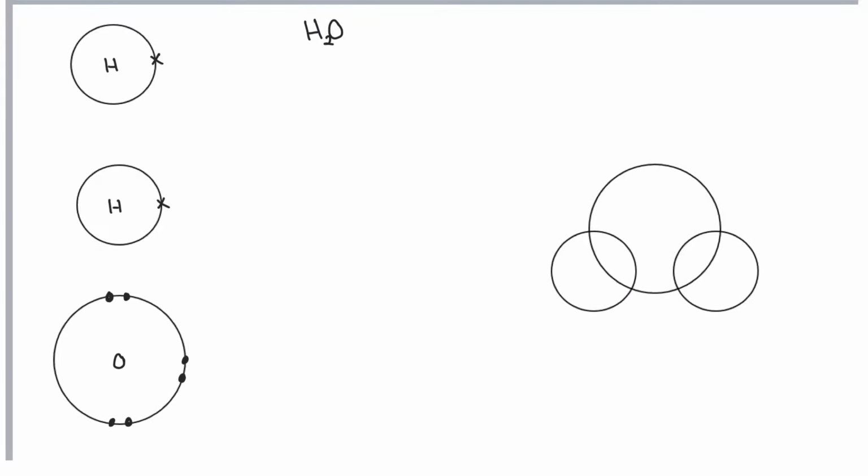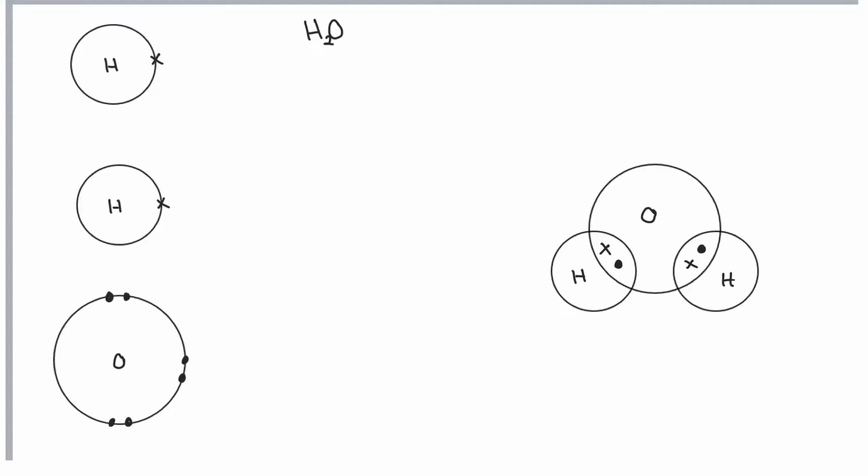So if we look at another compound, this is H2O. So this could be a molecule of water, ice or steam. Now, the smaller atoms are the hydrogens. So if we label those first, and the larger atom is the oxygen. Now, let's put a shared pair in the overlap between each of these atoms.